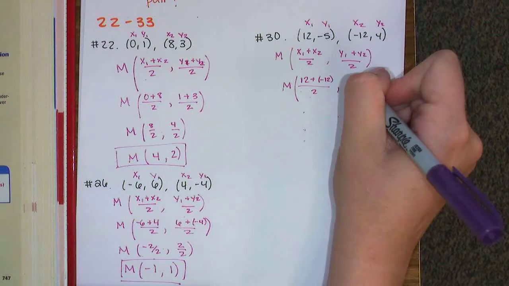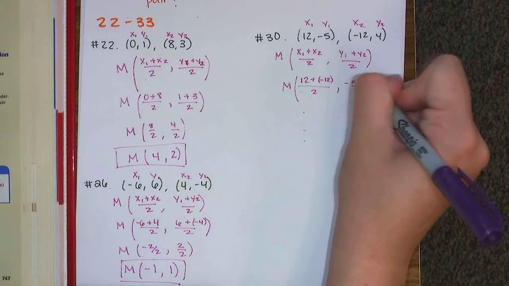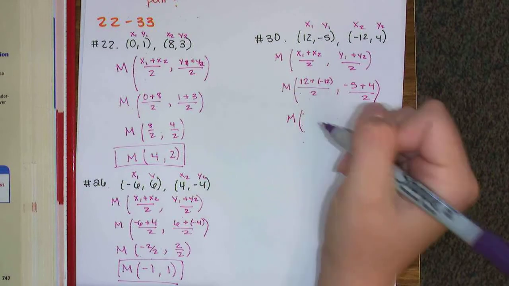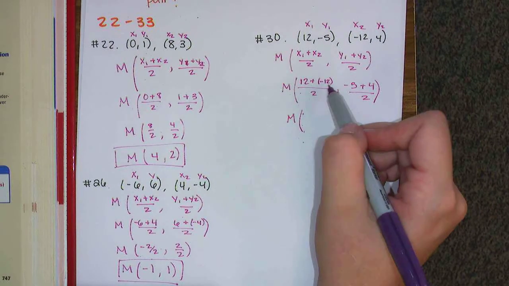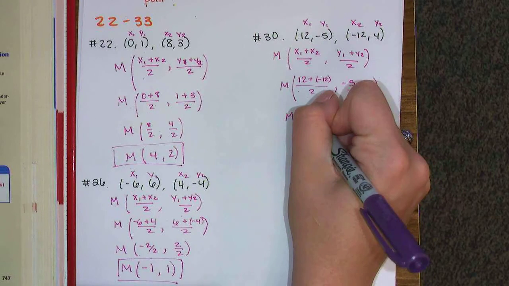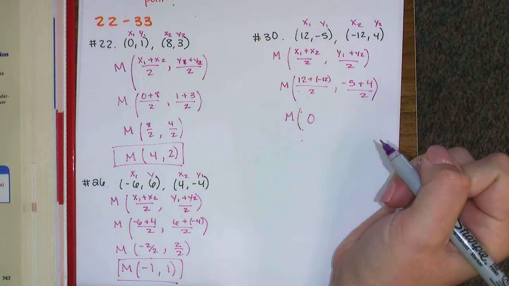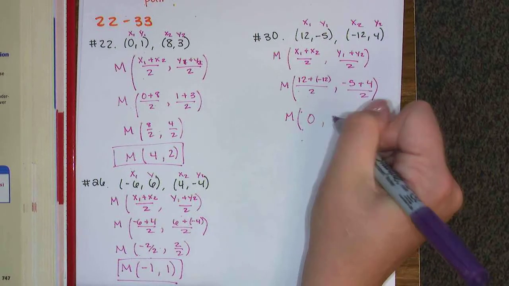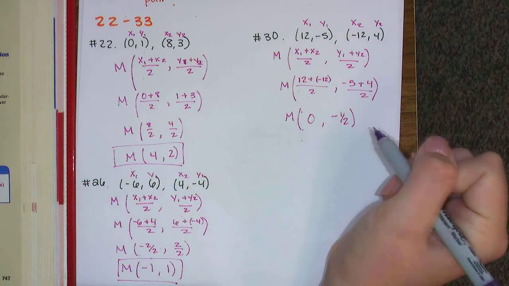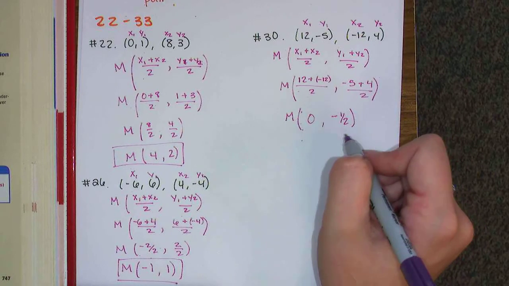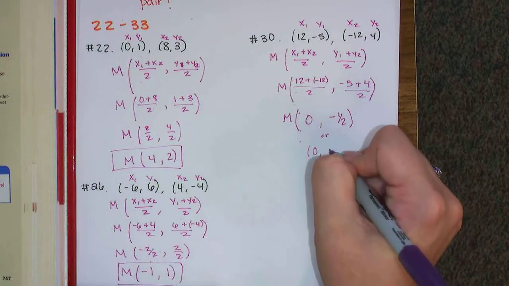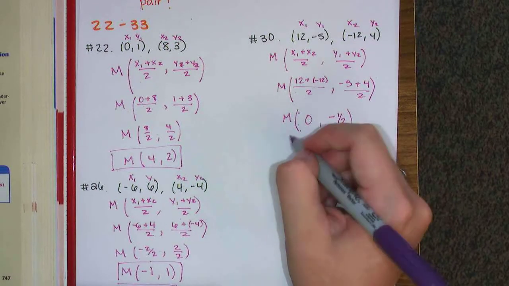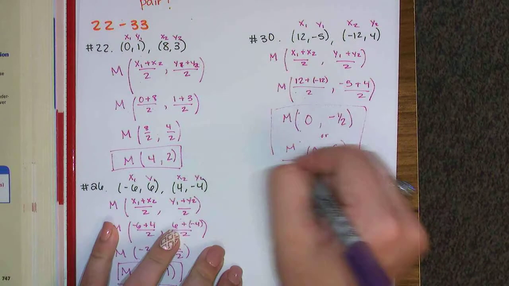And then y1 is negative 5 plus y2 is 4 over 2. 12 minus 12 is 0, so 0 divided by 2 is just 0. And then here I have negative 5 plus 4 is negative 1 over 2. In your book you may write this as 0 and negative 0.5. Either of these would be acceptable answers.